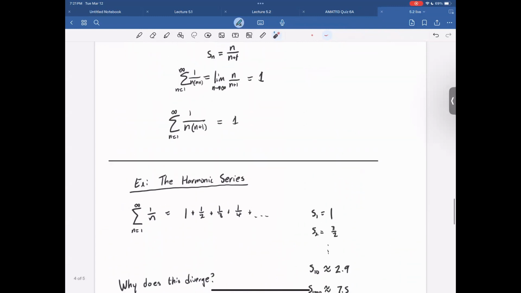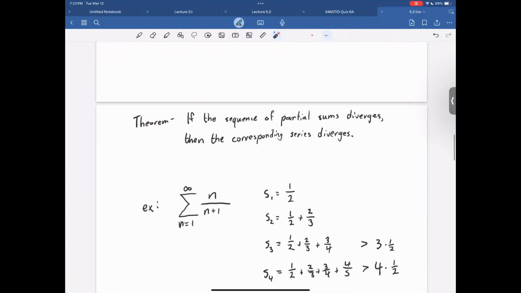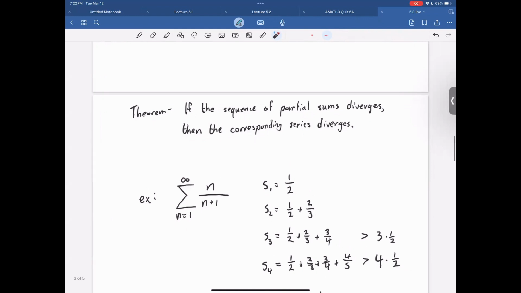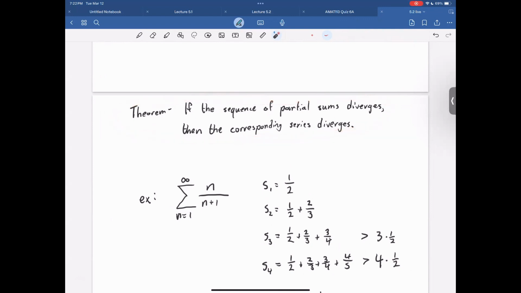And this theorem that we discussed earlier: if the sequence of partial sums diverges, then the corresponding series diverges. So really, this is a pretty powerful theorem that we can work with.